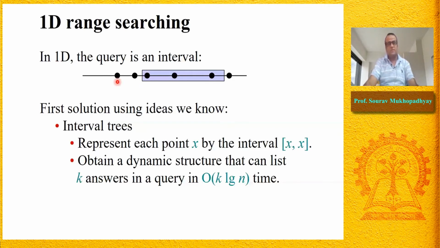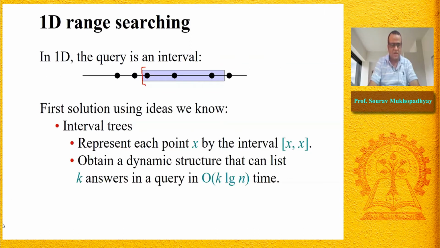Now, we have seen the interval tree in the last lecture, maybe. So can we apply the interval tree? What do we have? We have some range, and in that range we want to see how many points are there.